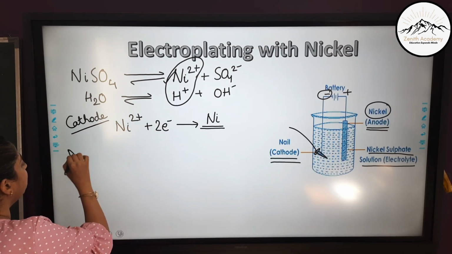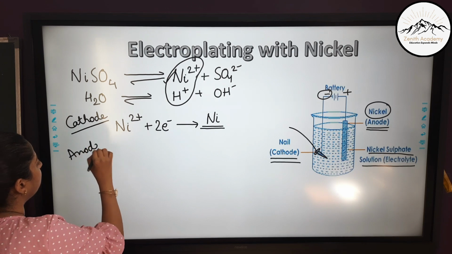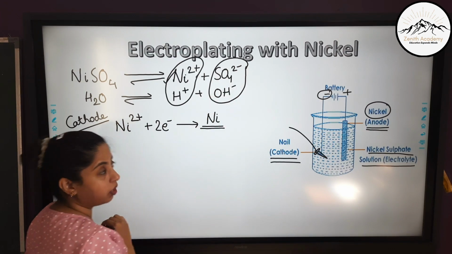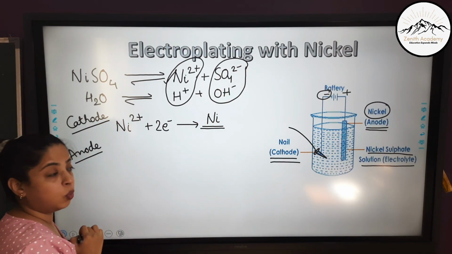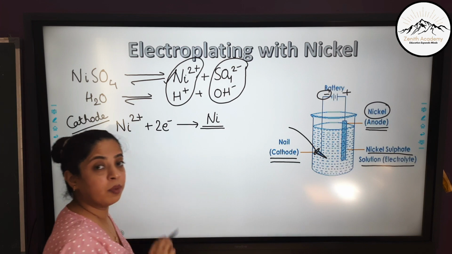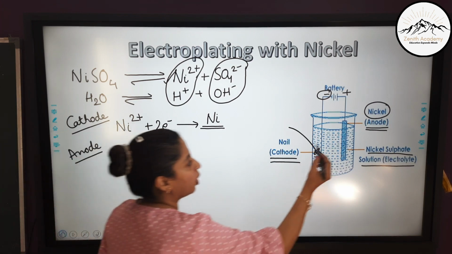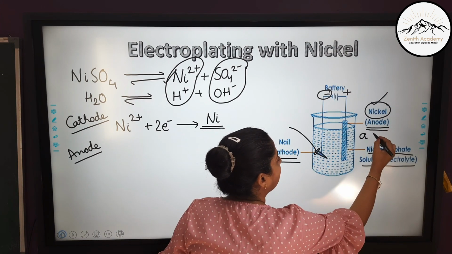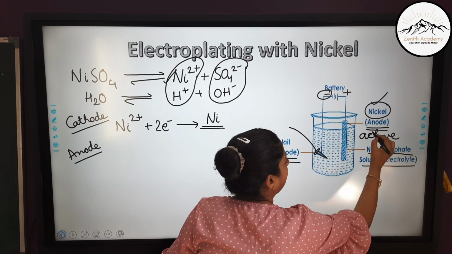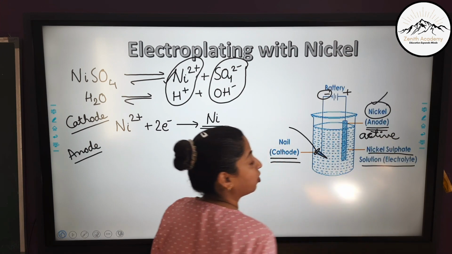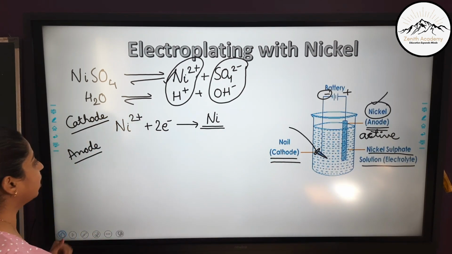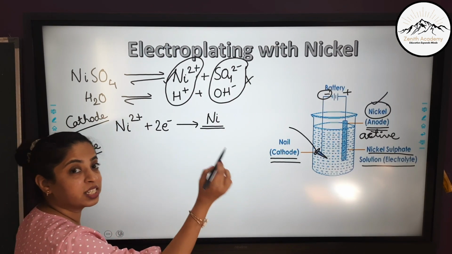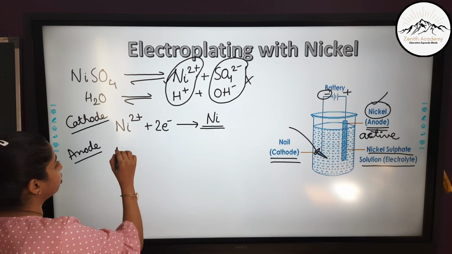Now what happens at the anode? At the anode the negative ions should migrate. Both of them migrate towards the anode, but none of them gets discharged. Why? Because this anode is nickel, and this is an active electrode. I have already explained what an active electrode is and what happens there. In the active electrode, none of these ions gets discharged, but the electrode itself takes part in the chemical reaction.